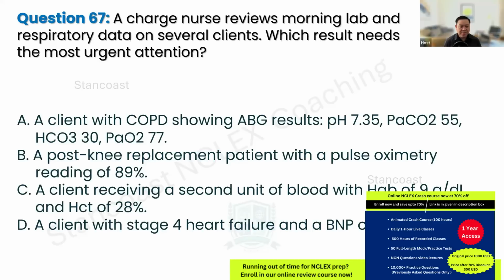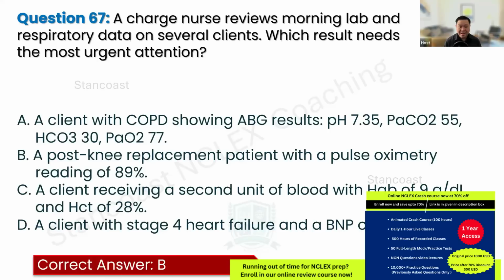C, a client receiving a second unit of blood with hemoglobin of 9 grams per dL and hematocrit of 28. And D, a client with stage 4 heart failure and a BNP of 100 picograms per mL. The answer here is letter B.